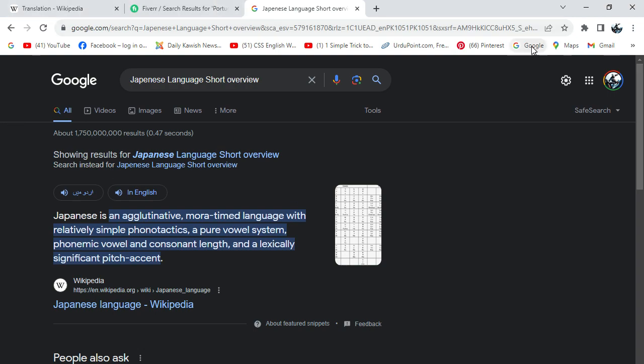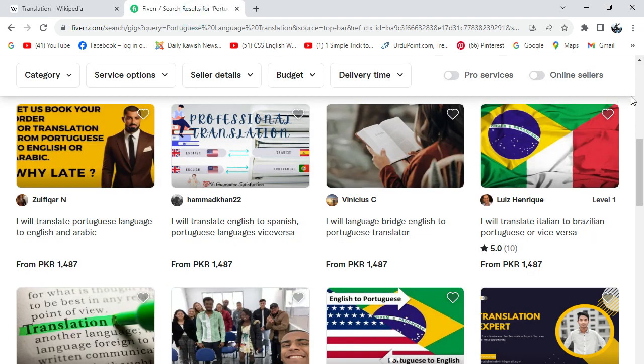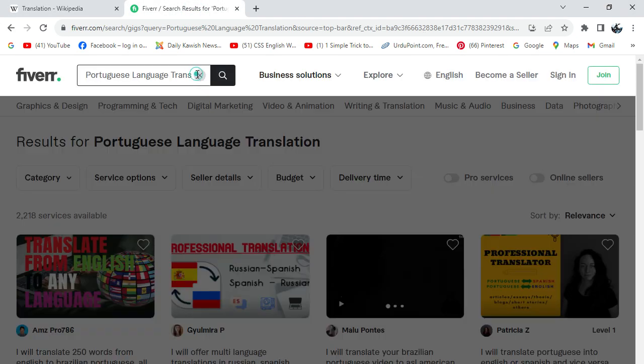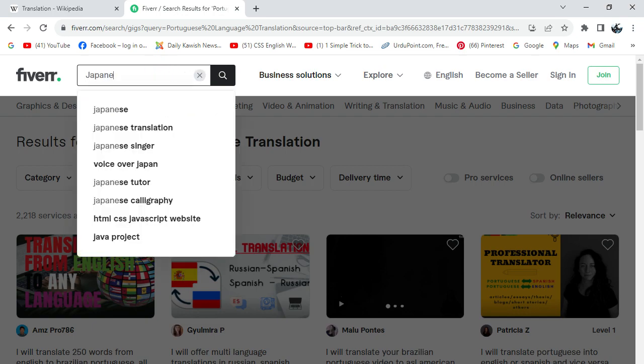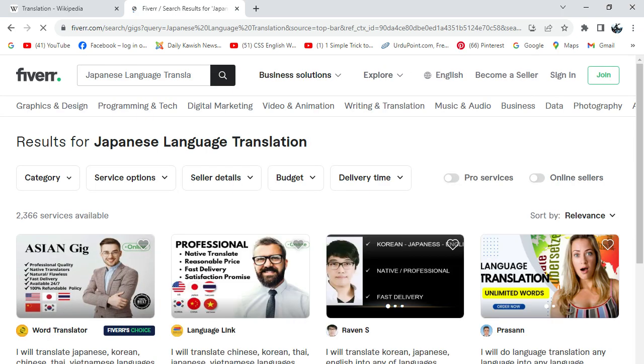So it's time to move forward to the main point. That is, how can you earn by translating the Japanese language? So we'll go to the Fiverr official website, the official platform for freelancing, and at Fiverr we'll search Japanese language translation to get an idea about the competition, the worth, the prices, and much more.